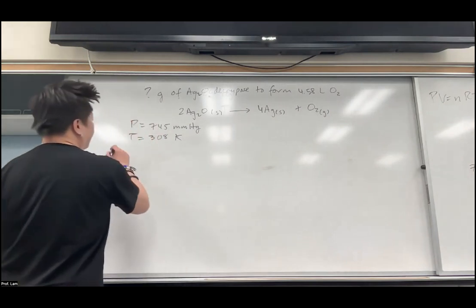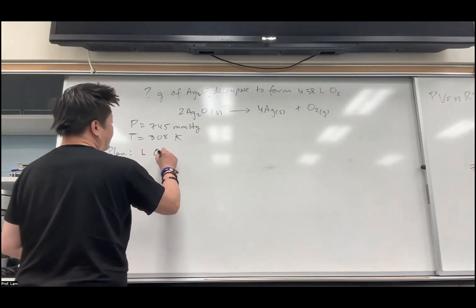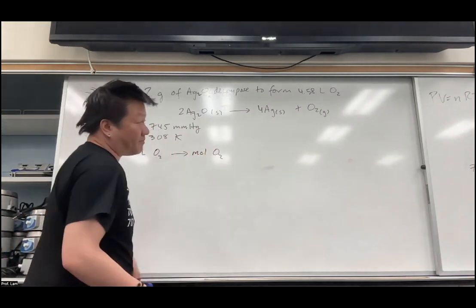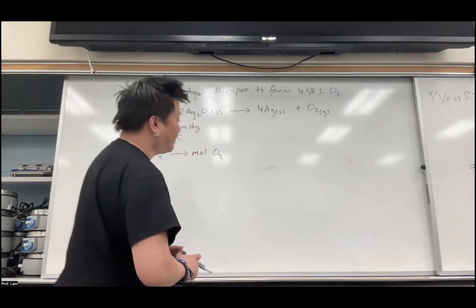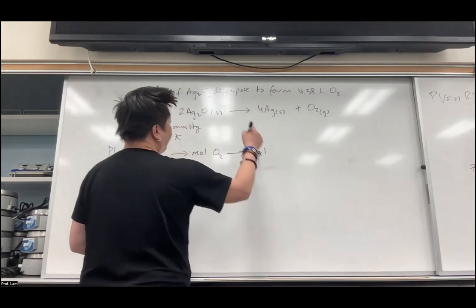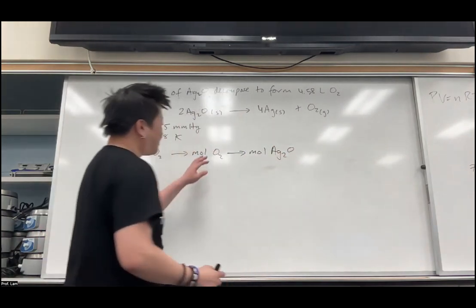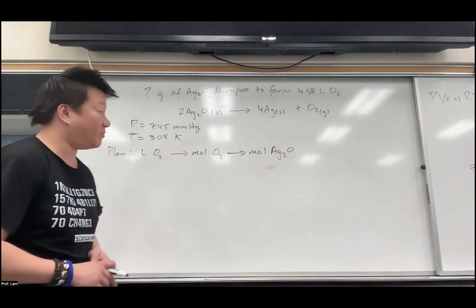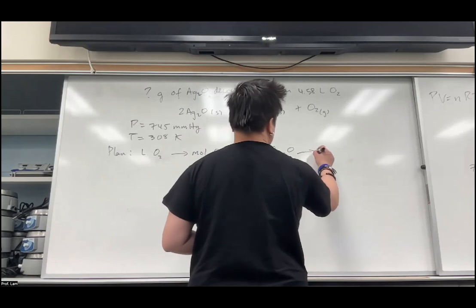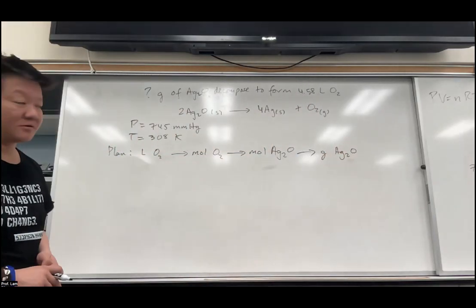So our plan, we start with liters of oxygen. That's got to go to moles of oxygen, right? Based on our roadmap. And then moles of the other thing, which is Ag2O. So that's A and that's B. Mole A, mole B. And then we can figure out grams of Ag2O.